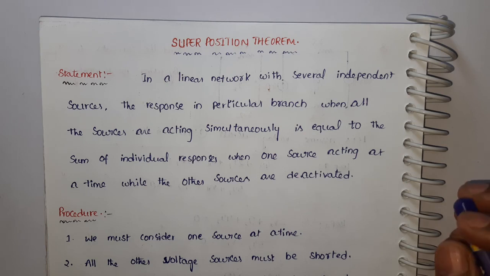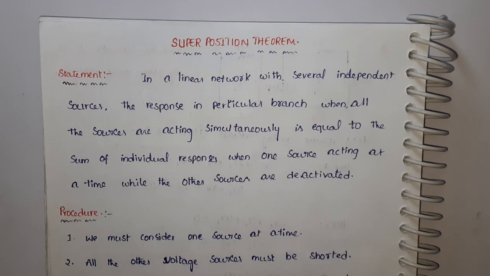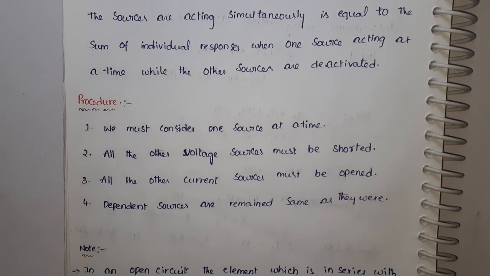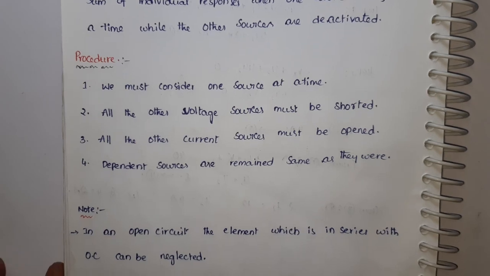What superposition theorem is saying is find the individual responses due to individual sources. So when you sum up all the individual responses, that will be equal to the total response of the circuit in that particular branch. So that is the statement of superposition theorem. What is the procedure we are going to follow? We must consider one source at a time.